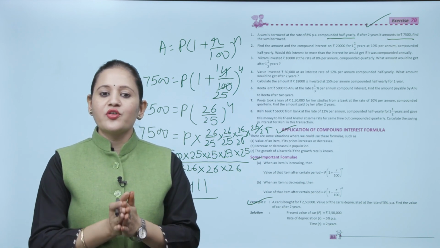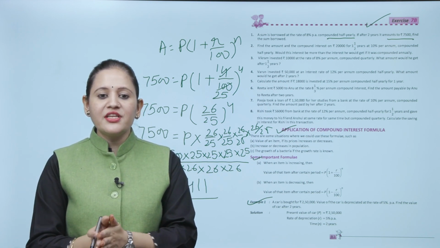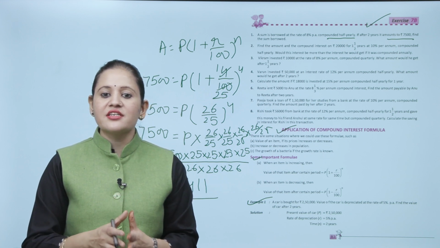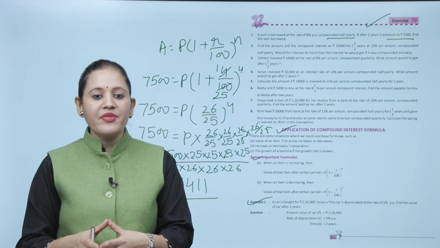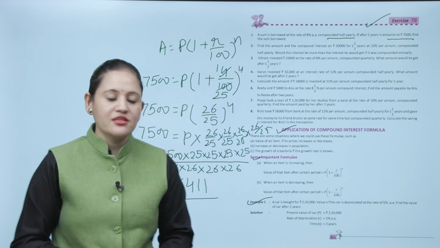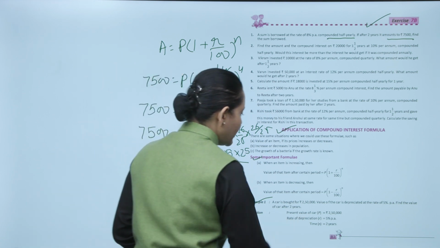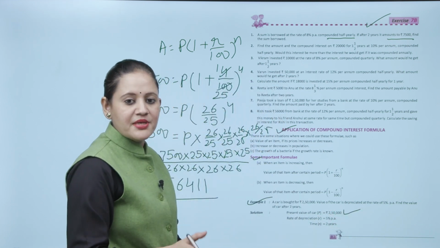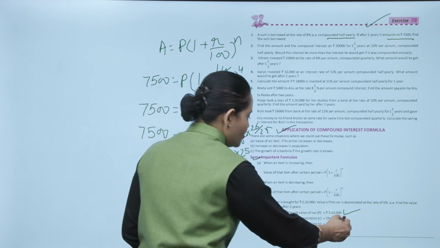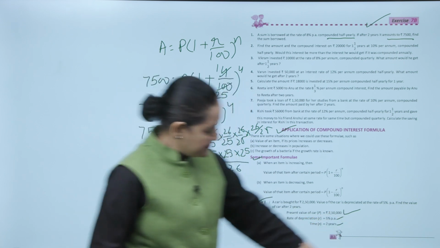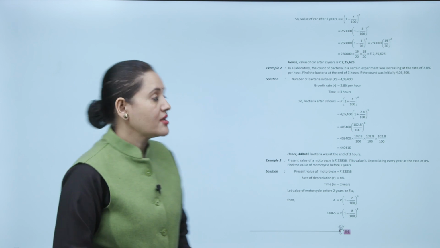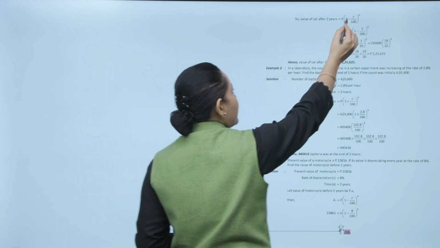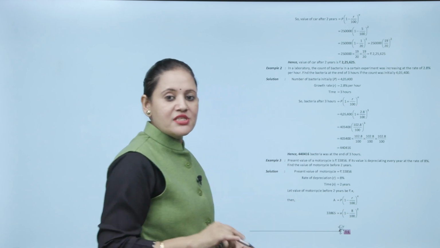A car is bought for rupees 2,50,000. The value of the car depreciates, meaning it decreases, at the rate of 5% per annum. Find the value of the car after 2 years. So the present value of the car is 2,50,000. Depreciation rate is 5% per annum and time is 2 years. So the value of the car after 2 years is P(1 - R/100)^n, minus because the value is depreciating.